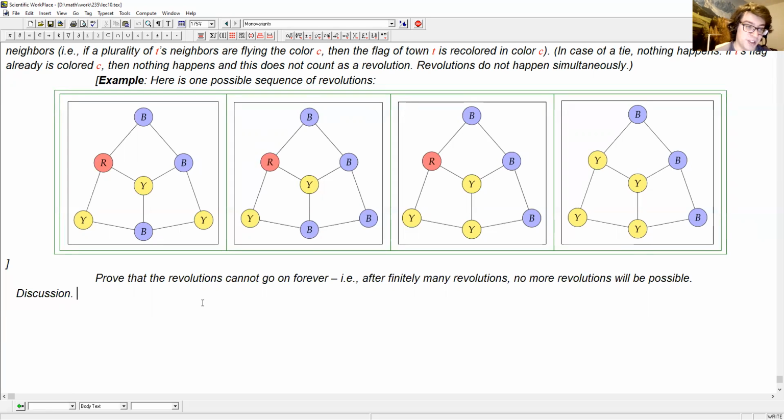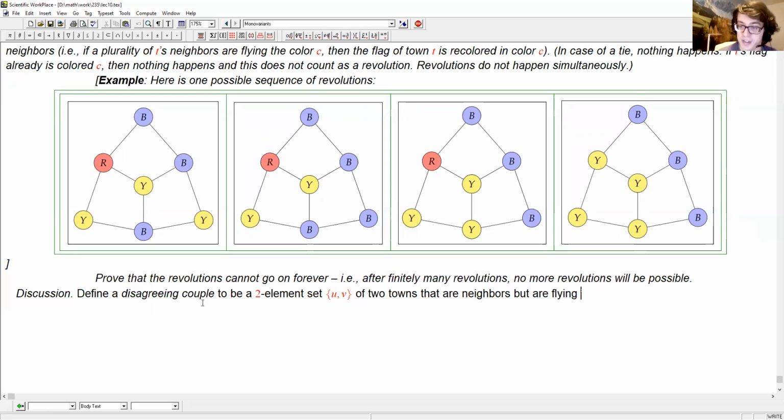And we can make this precise. Define a disagreeing couple to be a two-element set UV of two towns that are neighbors but are flying different colors. And you already see I'm saying couple, not pair. Why?